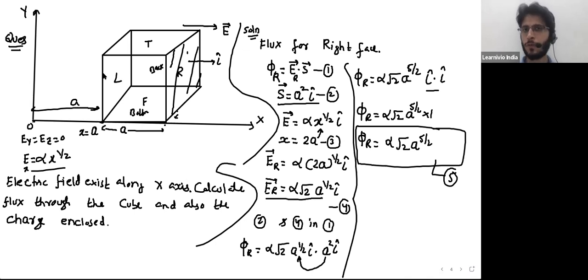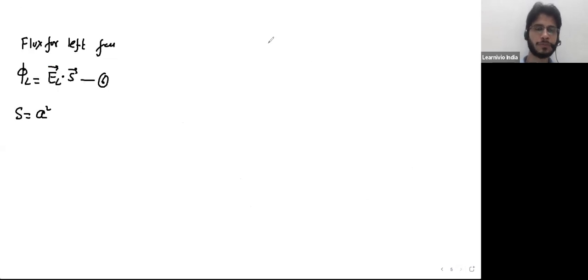The direction of the left face is the outward normal, so the outward normal is to the left-hand side. So I can use this minus I cap here. It's a square times minus I cap, so your area vector is minus a square I cap. That is equation number 7.